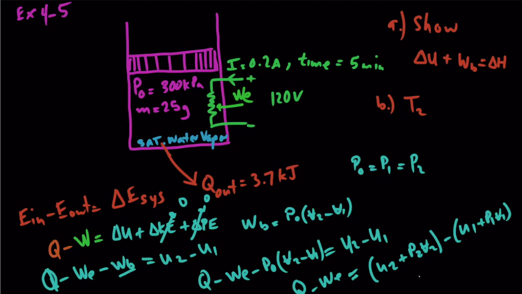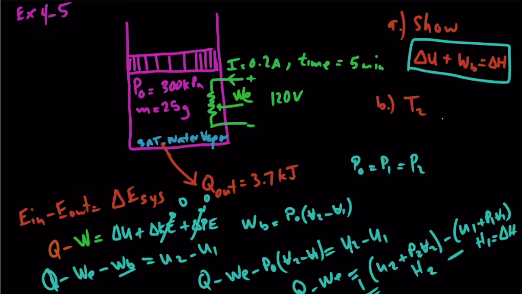And by definition, the internal energy plus pressure times volume is equal to H for each case. So this is just H2 and H1. So we have Q minus work electric is equal to H2 minus H1, and that is basically equal to delta H. So in some respect, we showed this, and that's what we were asked to show. Okay, so that satisfies part A.